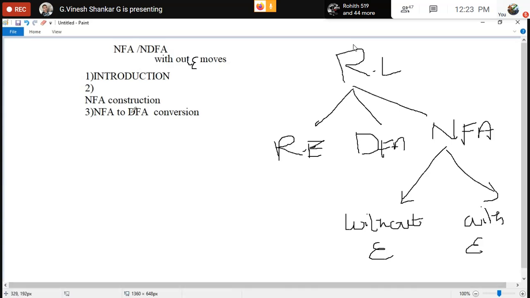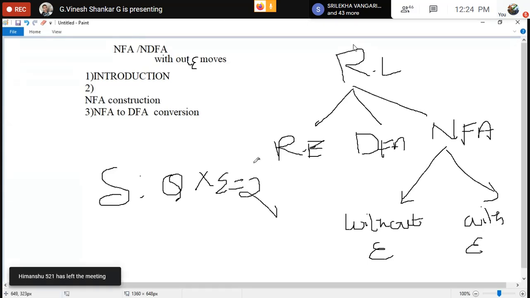Okay, so the only difference between DFA and NFA I can say is in the form of the transition function. We have seen the transition function here, Q into sigma is equal to 2 power Q, right or not? Do you remember, in DFA the transition function was Q into sigma is equal to Q, but here 2 power Q. So what is the basic definition of NFA I can say?